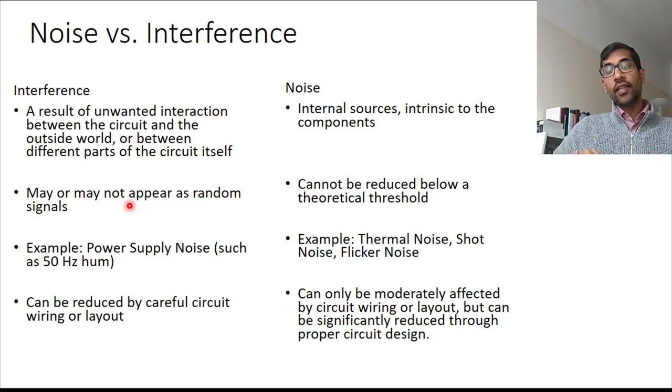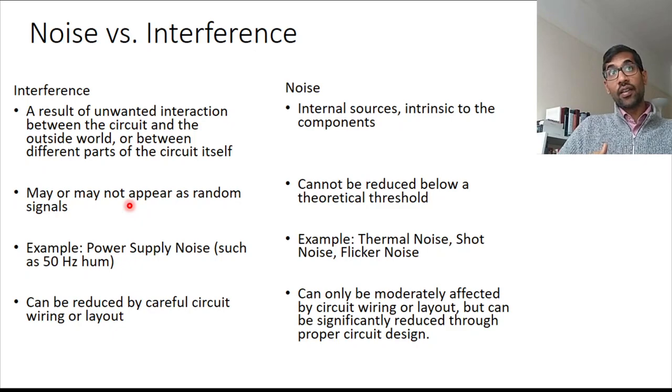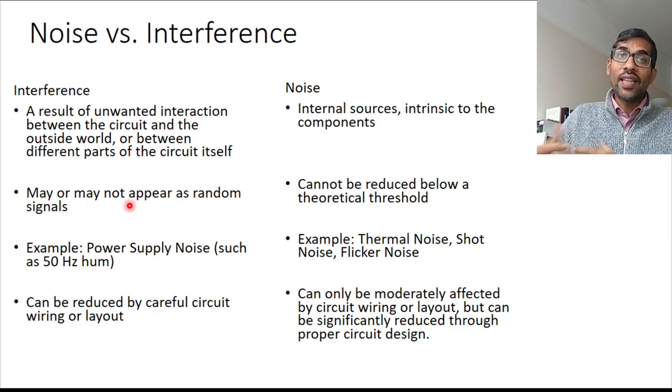If there are electrical signals outside your circuit, these can in some way interact with your circuit, and because of that you may get certain things added on to the signal that you actually want. It may also happen that you consider one part of your entire circuit to be what is of interest, and another part of your circuit interacts with this part in some way that you don't want it to. That would be interference as well.